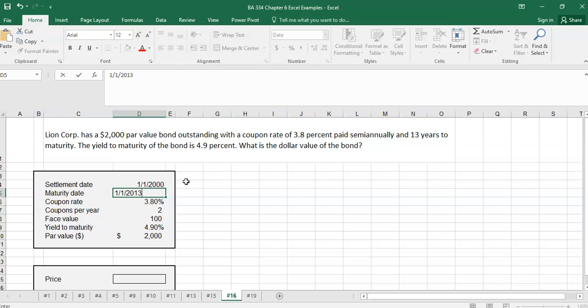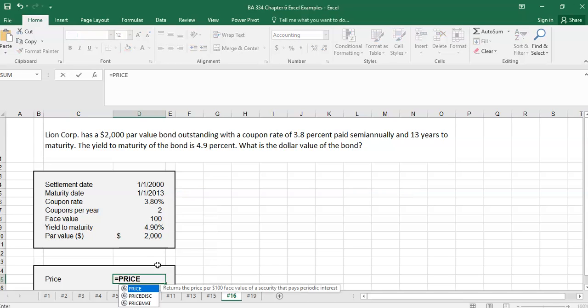In this case, it's a 13-year bond, or 13 years until maturity. We then use our price formula, just like we have in previous examples.